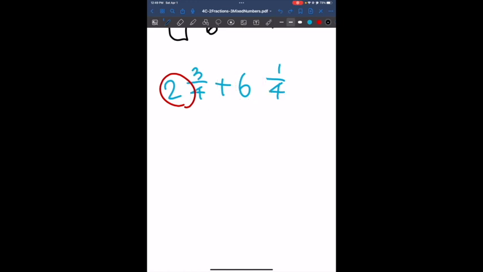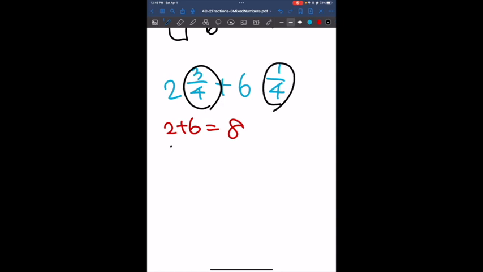And so 6 and 2 are whole numbers, so we're going to add those together. So we have 8 for whole numbers. Then for fractions, we have 3/4 and 1/4, and when we add them together, it's going to be 1. And then we add the sum of the whole numbers and the sum of the fractions.